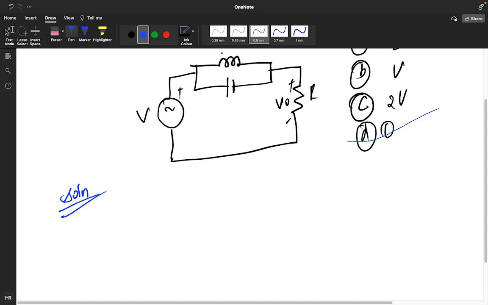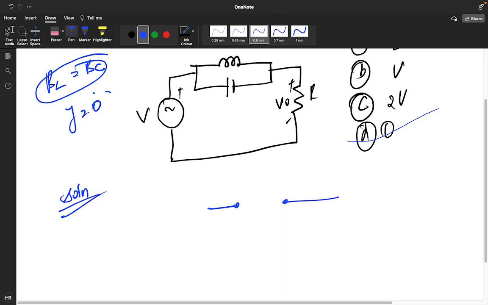If it will operate at the resonant frequency, this part will get open, because this is the parallel combination, and we know that if XL is equal to XC, here we will say BL is equal to BC, and if this happens, your Y will become 0, and if Y is becoming 0, that means Z is becoming infinite, so Z equivalent will be infinite.